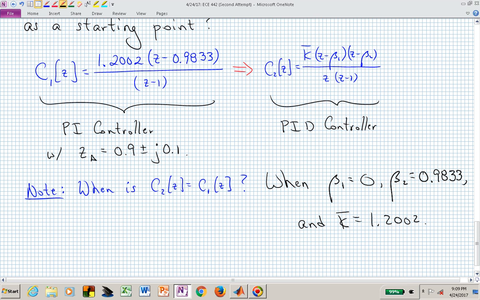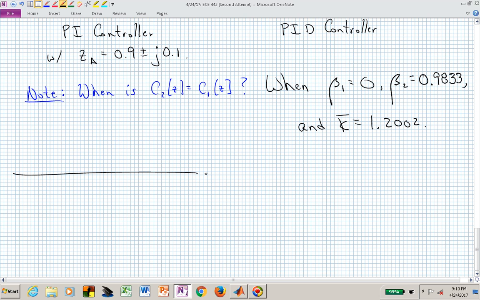And so it might be nice to use that as a first cut at a PID controller and then move away from that and see if we can achieve a more acceptable closed loop performance using a PID controller versus a PI controller.